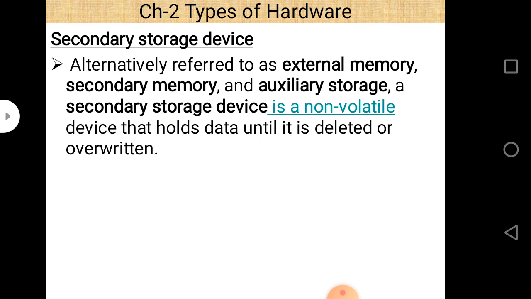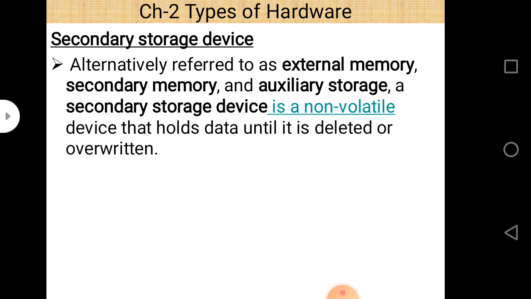As far as RAM is concerned, it is a volatile memory. It means we can save data temporarily in this memory, and after the power is switched off, the data is also lost. And as far as ROM is concerned, ROM is a permanent memory.